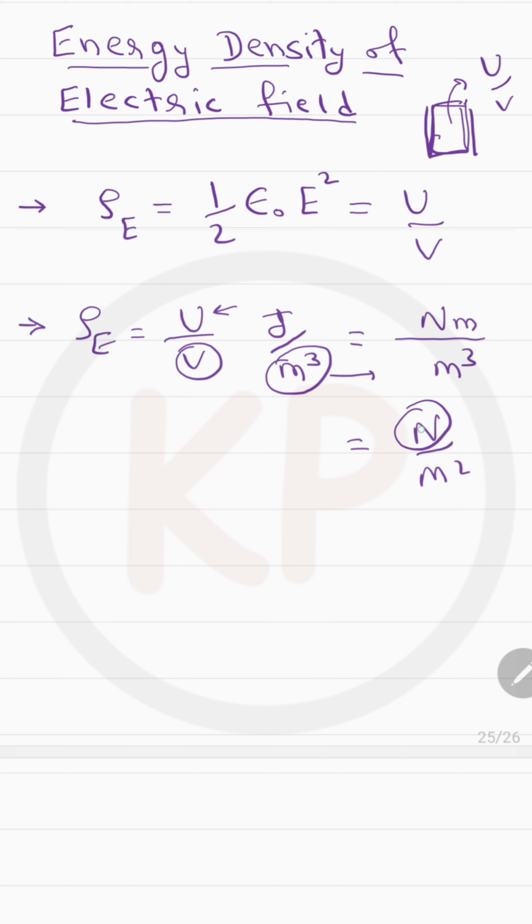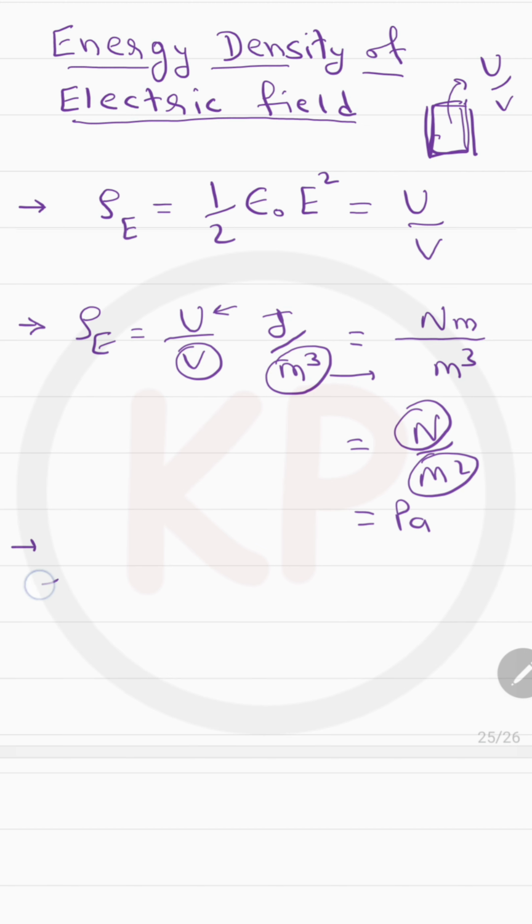So this becomes the force acting per unit area. Newton is a unit of force, meter square is a unit of area, and force per unit area always gives pressure. So Newton per meter square is also called Pascal. Though we are not writing the unit of energy density as Pascal, we can relate to Pascal as well.